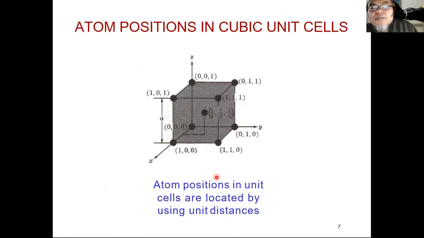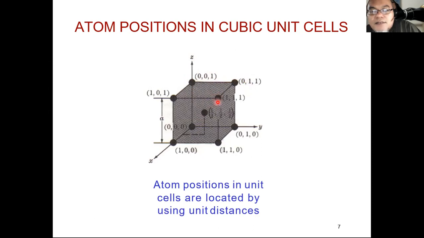First, the atom position is usually indicated as a coordinate. For example, the origin has coordinate (0, 0, 0) in parentheses, with commas between the numbers. Then at the z axis, at c, the crystal lattice, (0, 0, 1).